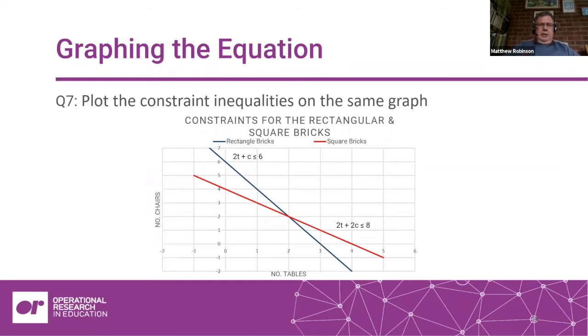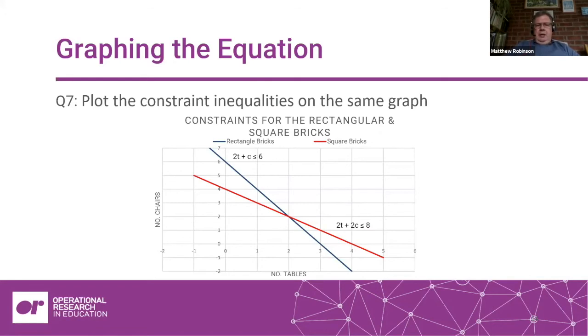So for the rectangular bricks, if we produce no tables, we can produce 6 chairs. If we produce no chairs, we can make 3 tables. So the blue line is going from 6 on the y-axis to 3 on the x-axis.